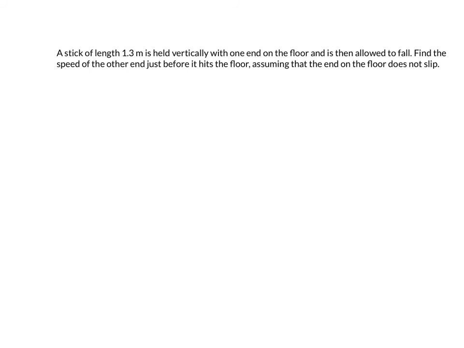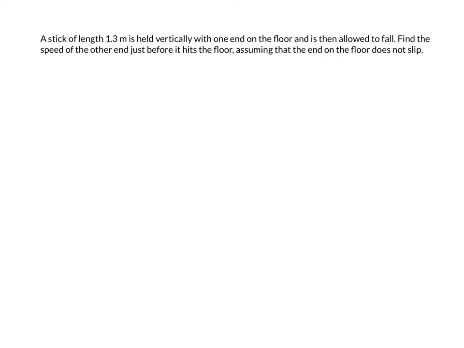So the last problem I want to look at here, and this is a bit trickier. It says a stick of length 1.3 meters is held vertically with one end on the floor and is then allowed to fall. So imagine it being held, right? You're holding something up like a 2x4 and then you just let it go. Find the speed of the other end of the stick just before it hits the floor.